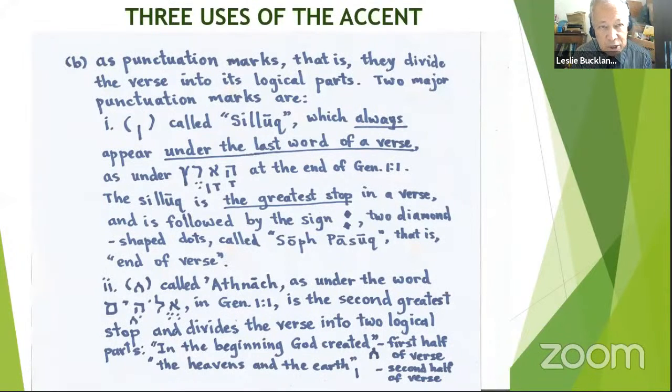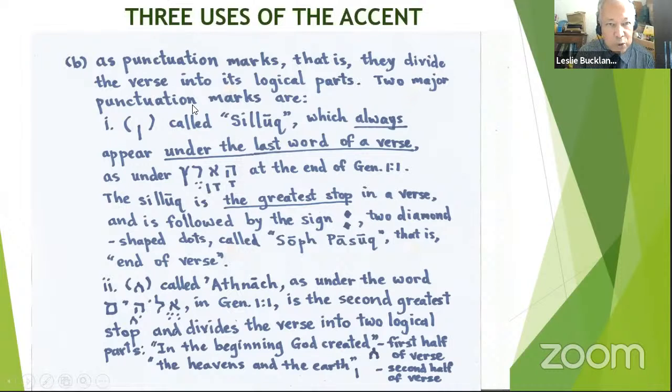Now, in addition to functioning as pointing out which syllable is to be stressed or emphasized, the second use of the accent is that it functions as punctuation marks. That is, they divide the verse into its logical parts.